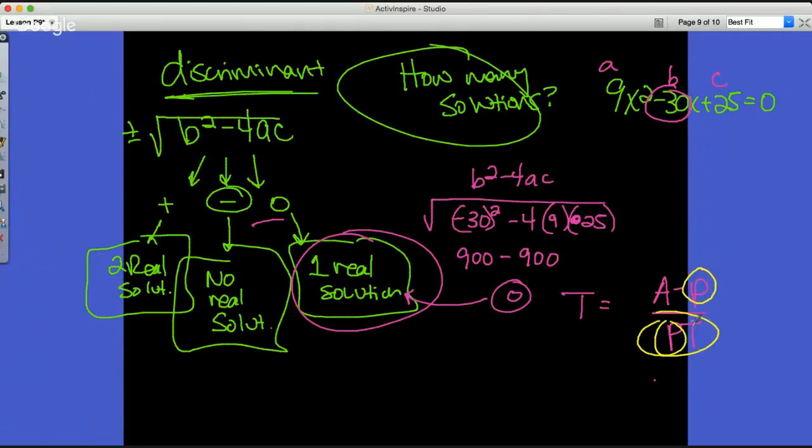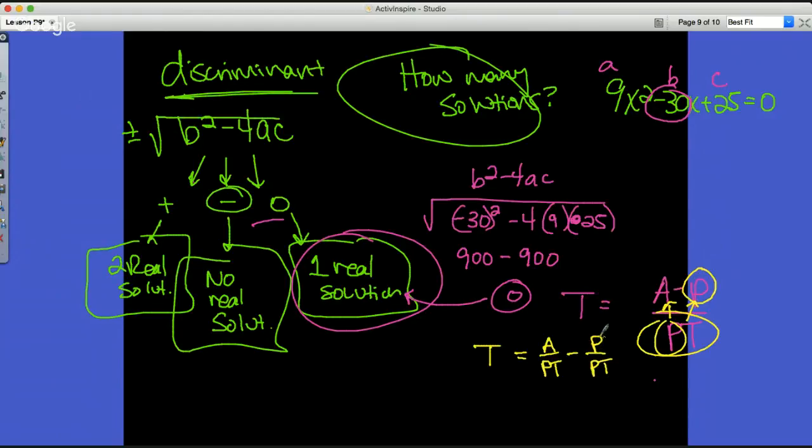The easiest thing to do is put PT underneath A and underneath P as if I divvied it out into two fractions. So we're going to say T equals A over PT minus P over PT.